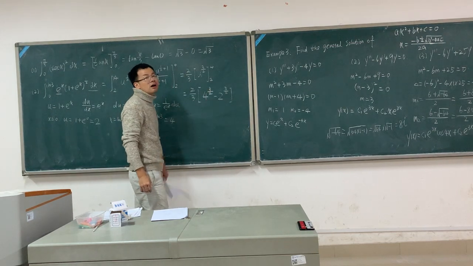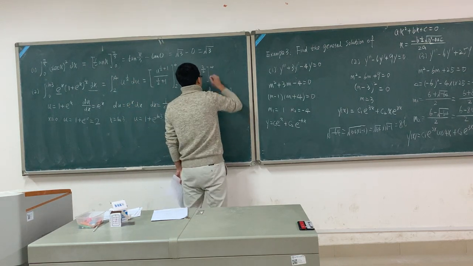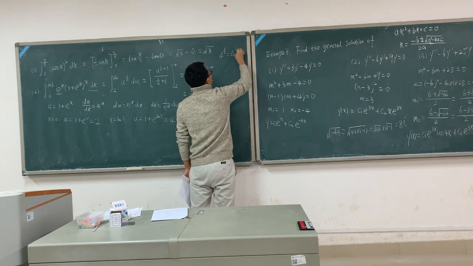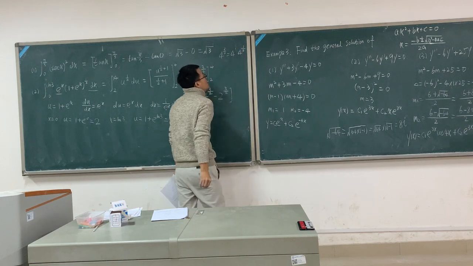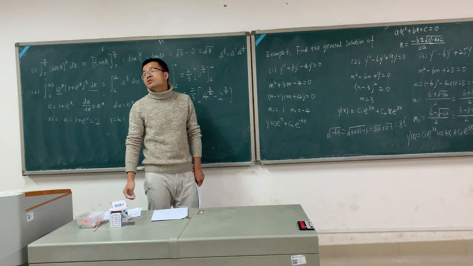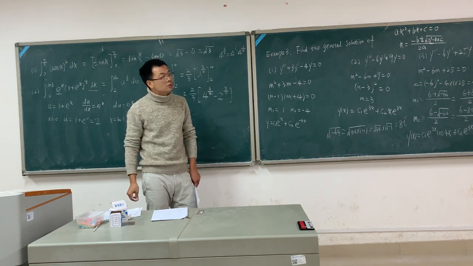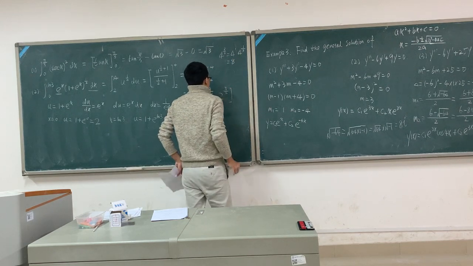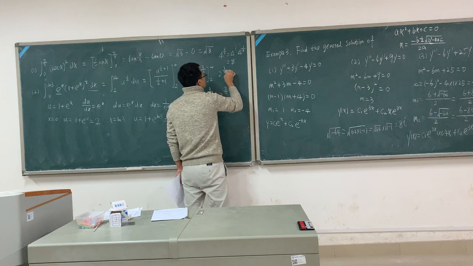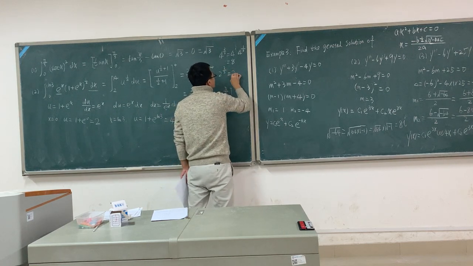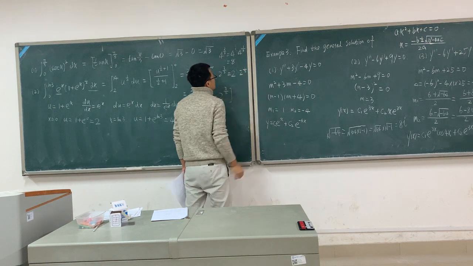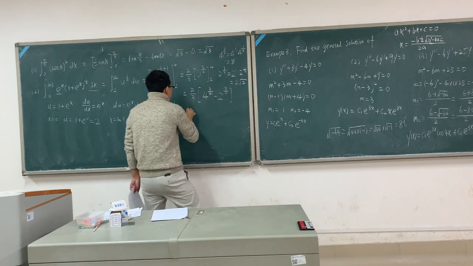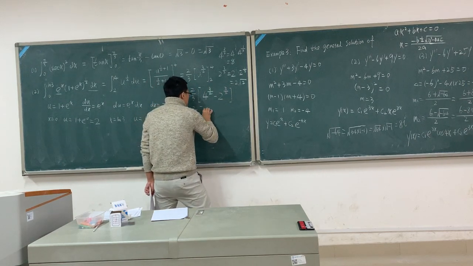4 to the 3/2 power is 4 to the 1 power times 4 to the half power. 4 to the half power is the square root of 4, which is 2, so 4 times 2 is 8.